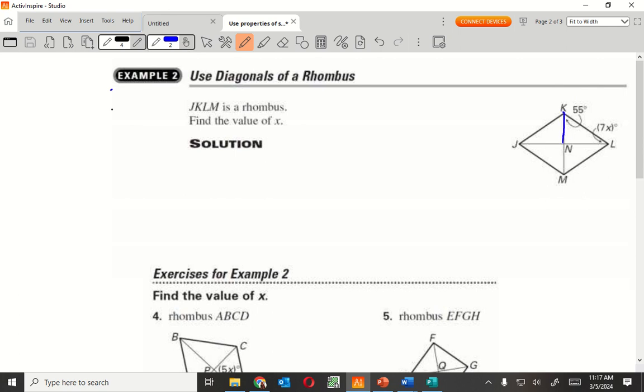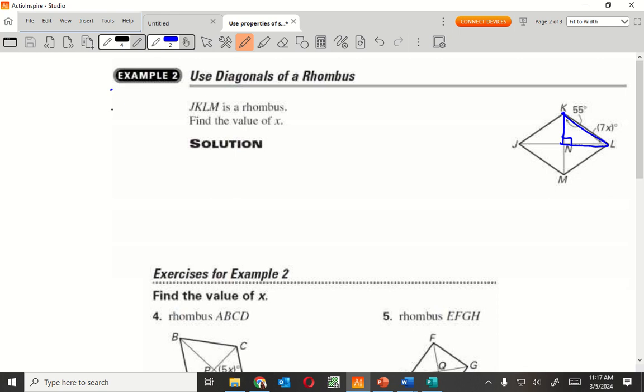This is what shape? Right angle. Right. It is a right triangle. Very good. What do I know about a right triangle? It is 90 degrees. They all add up to 180.